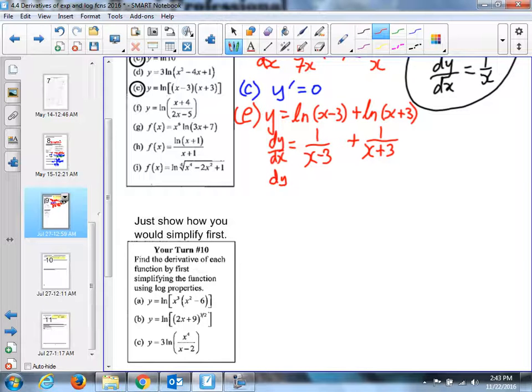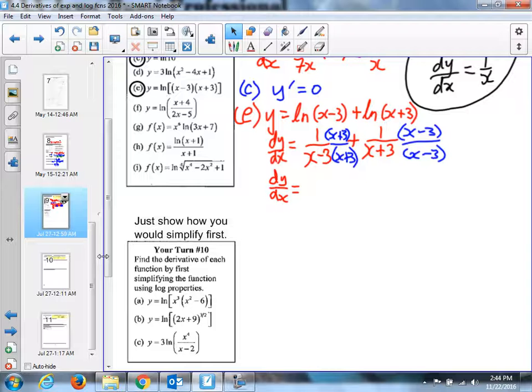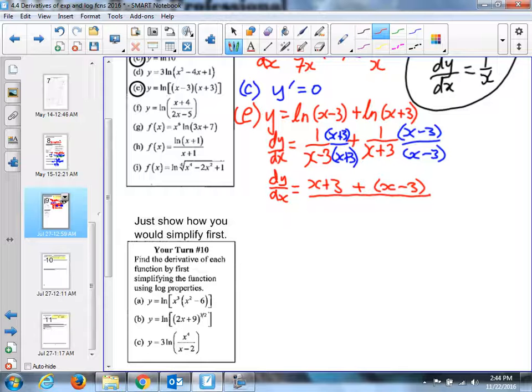So dy by dx is equal to, multiply top and bottom by a form of 1, really, x plus 3 over x plus 3, and this one x minus 3. That's really what I'm doing. If you could do it in one step in your head, that's fine. So x plus 3 plus x minus 3. I'm only putting in brackets in case that was subtraction, you'd be hooped.